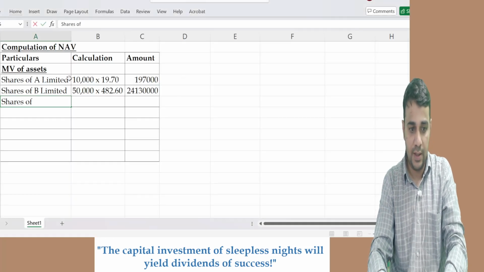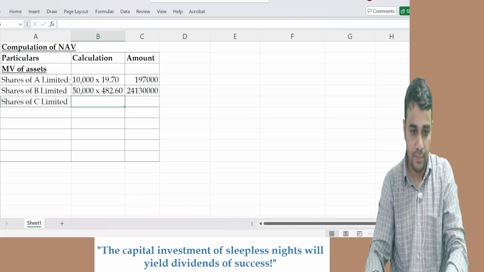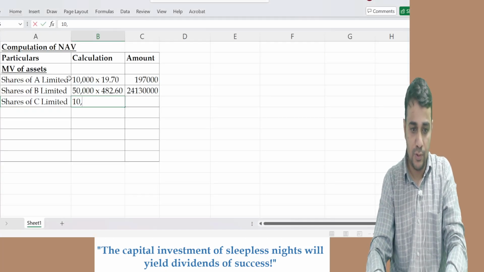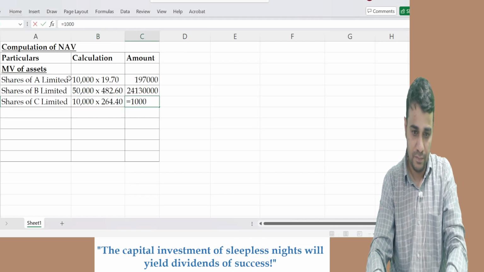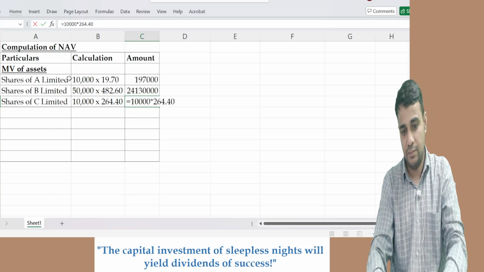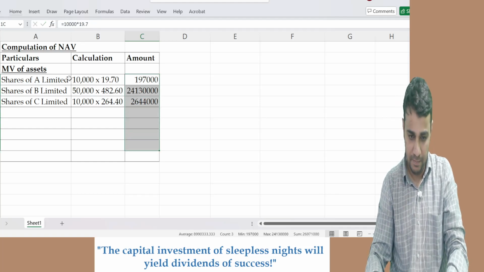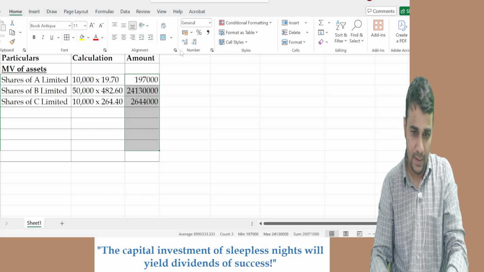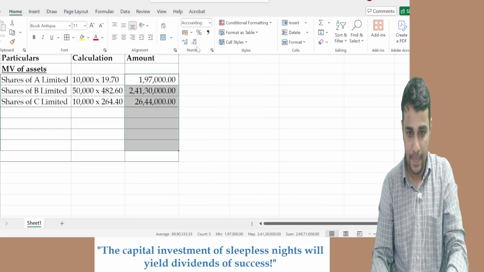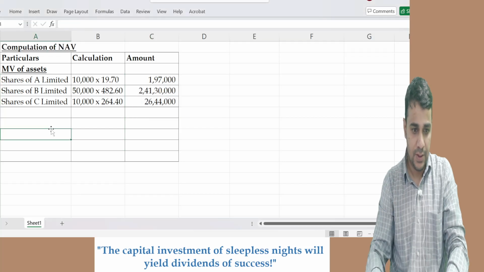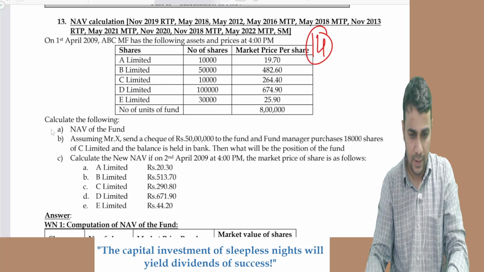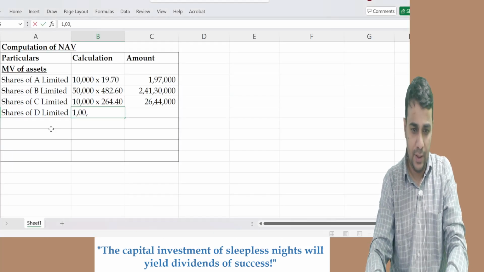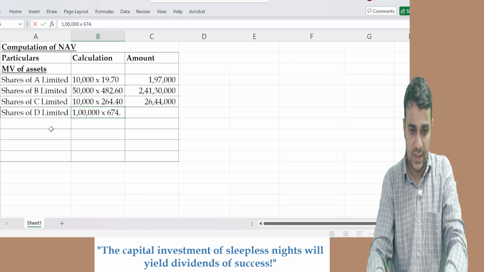Shares of C Limited, 10,000 into 264.4. You can keep writing it along with me. Shares of D Limited, 1 lakh into 674.9.